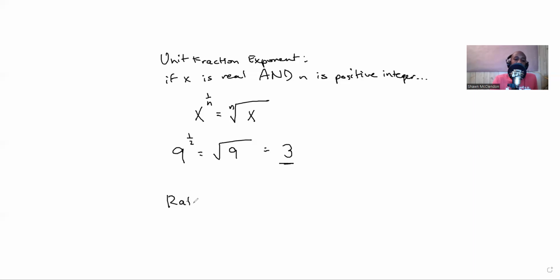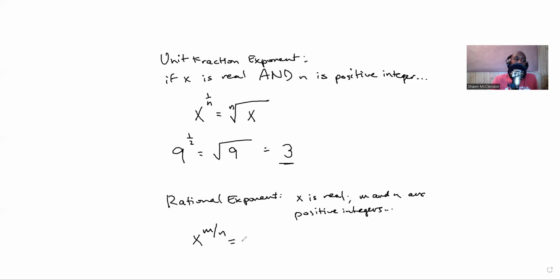Okay, rational exponent. So if x is a real number, just like before, and m and n are positive integers, then x to the m over n is equal to x to the 1 over n, all that raised to the m power.